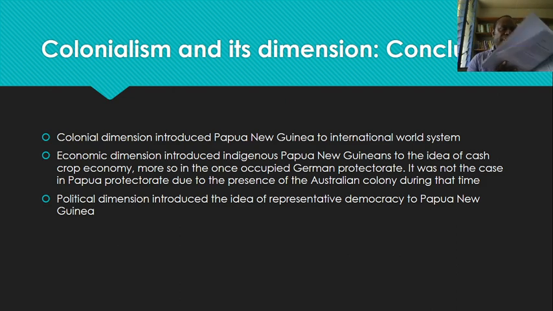So in this lecture discussion, we've tried to capture most of the themes in Unit 1 and Unit 2 through the presentation of the three dimensions of colonialism, but the two most important themes are the economic dimension and the political dimension. Economic more so provided a pathway to political dimensions.